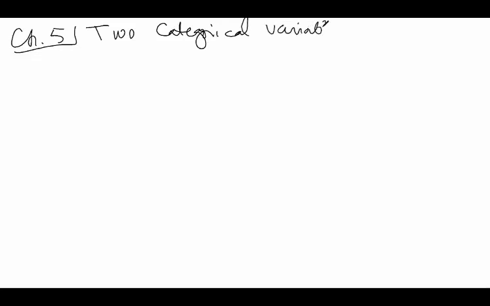Let's share my whiteboard here. Chapter 5 covers differences in proportions. So this is 2 categorical variables. In our summary stat, we have 2 summary statistics that we look at.